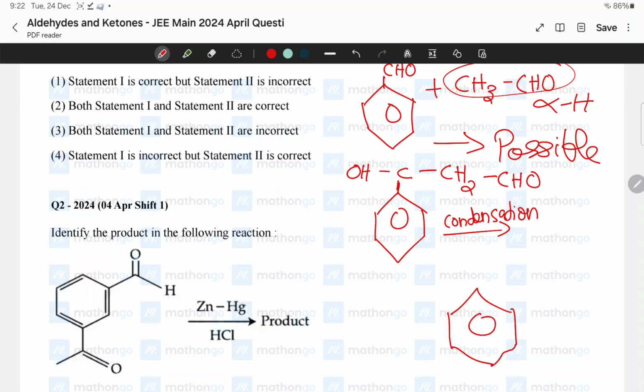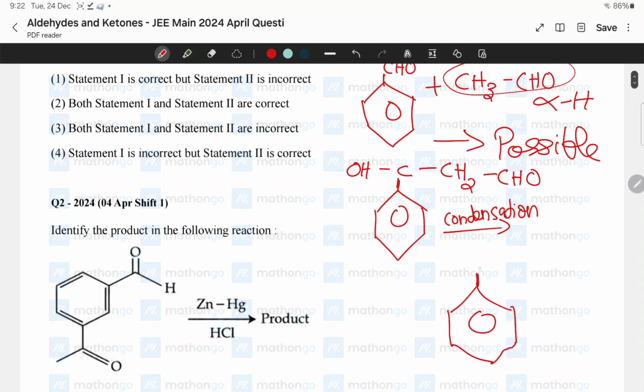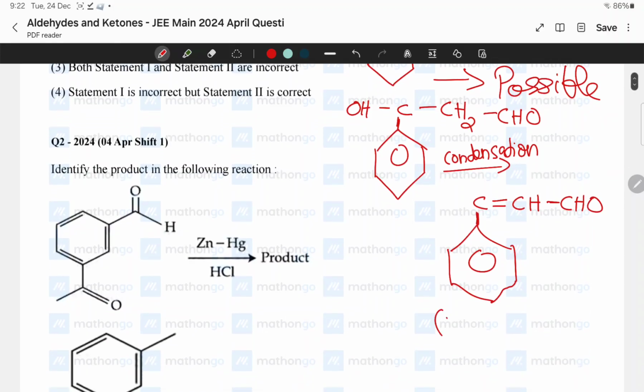Here it is C double bond O CH. This is the aldol condensate. So this is the reaction, but they only ask if it's possible.